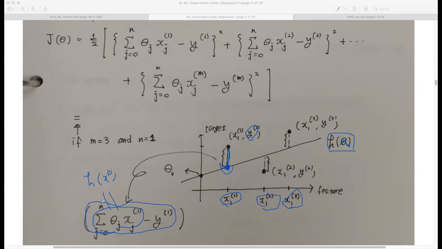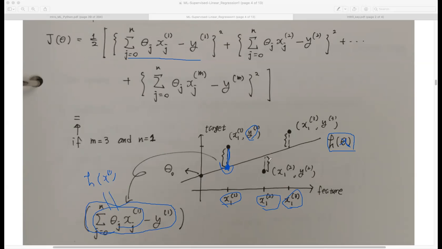Now we see that sigma theta j times x j minus y represents the distance between the point on the graph of the hypothesis h and the point whose second coordinate is the actual target value.